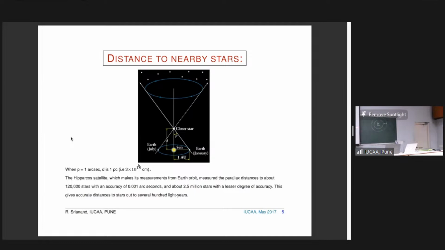What is the second requirement? How accurately you measure this distance now depends on two quantities. One is how accurately you know the distance of Earth from the Sun. That depends on this laser technique, the sending and echo techniques. The second is how accurately you can measure theta.